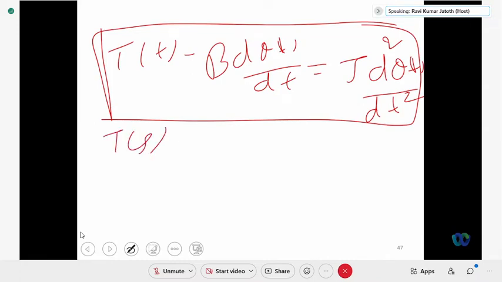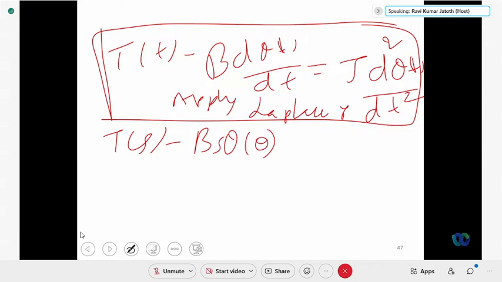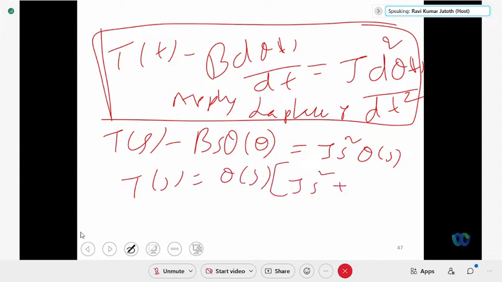So T(s) minus b s theta(s), minus the initial condition, but we are not taking the initial condition into consideration, we are neglecting it, equals J s squared theta(s). Taking theta(s) common, we get J s squared plus b s.